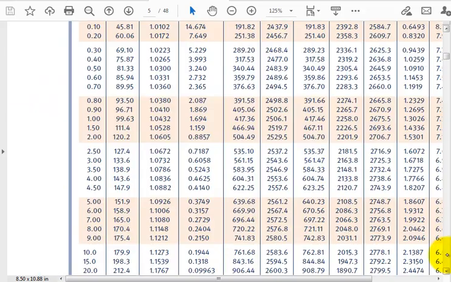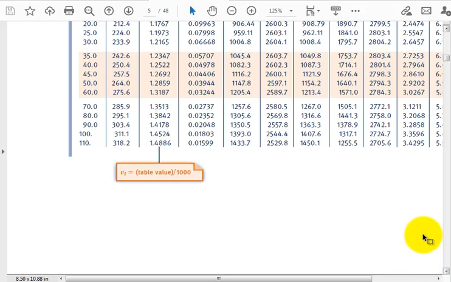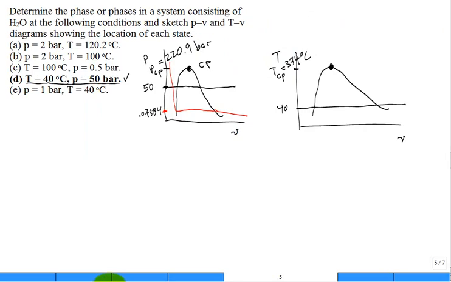So table A3, and 50 bar changes phase at 264 degrees C. All right, so we can put in here 264 degrees C. So our line of constant pressure would be like this, then goes flat, and then goes out, and that's our line of constant pressure of 50 bar.